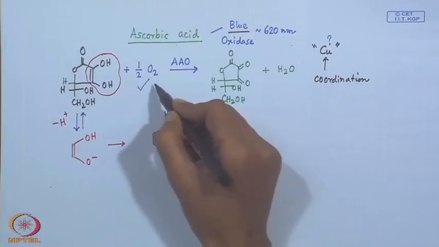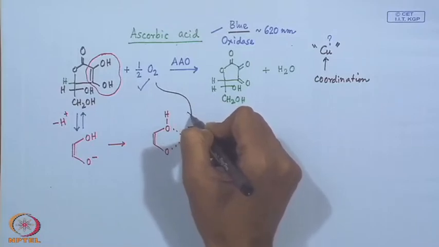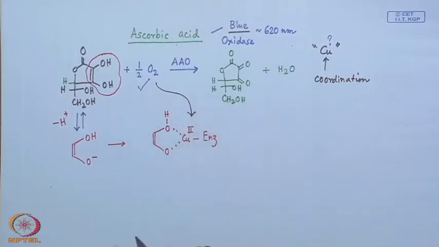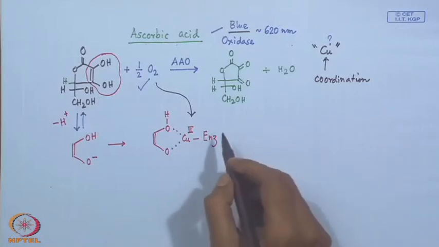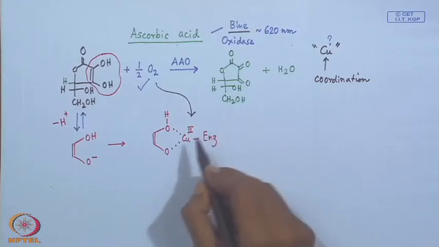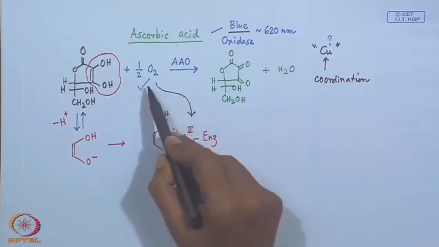And then if you think that dioxygen is coming into the picture, that means what we have is this copper, and copper is responsible for dioxygen binding, what we know already.